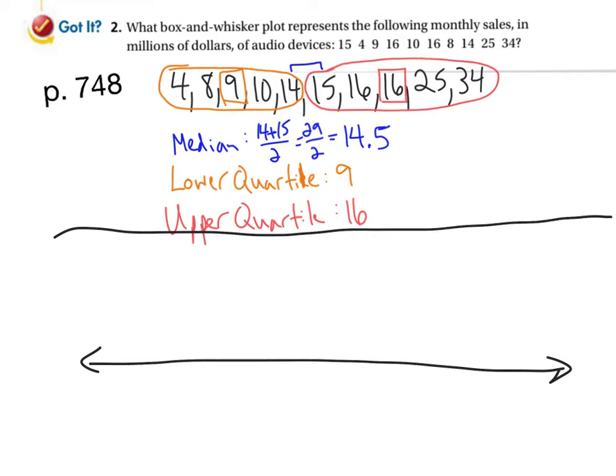Just try and make sure you give yourself enough space to put that, depending if you're putting your box plot above or below. I said box plot. They call it sometimes a box plot or box and whisker plot. Those can be used interchangeably. So this is monthly sales in millions of dollars.